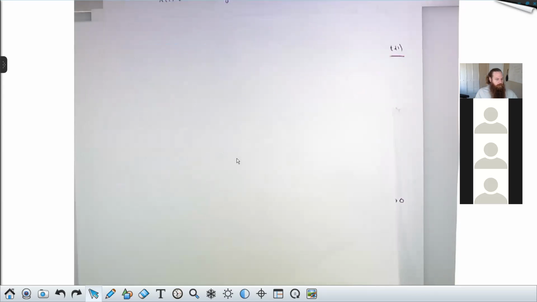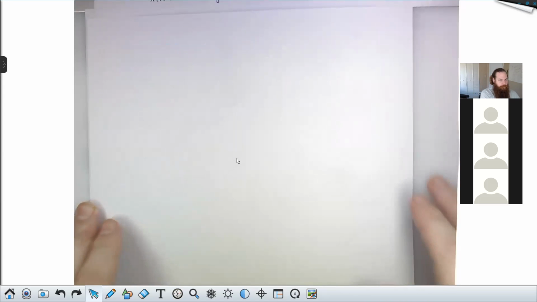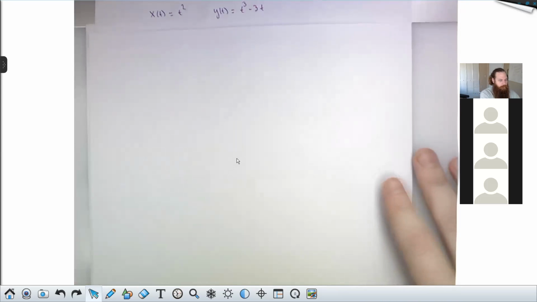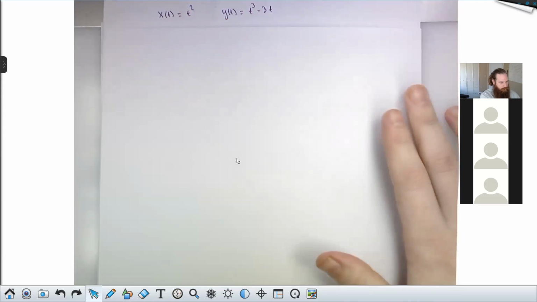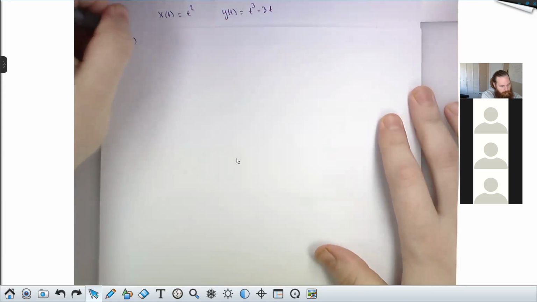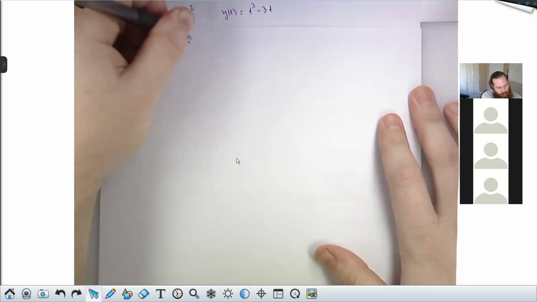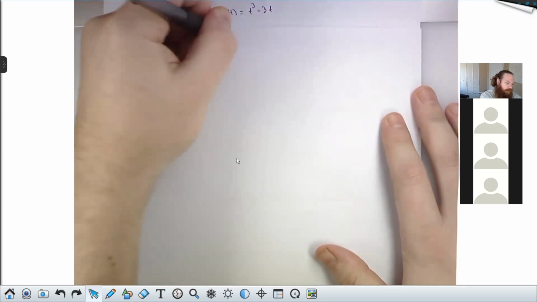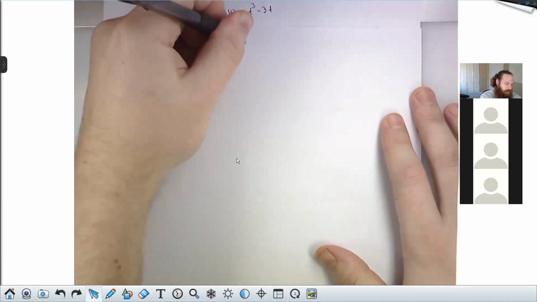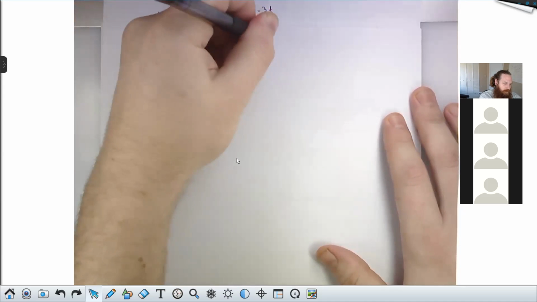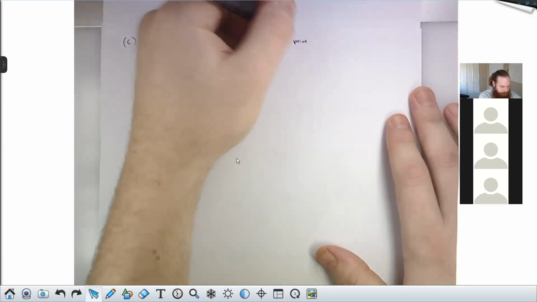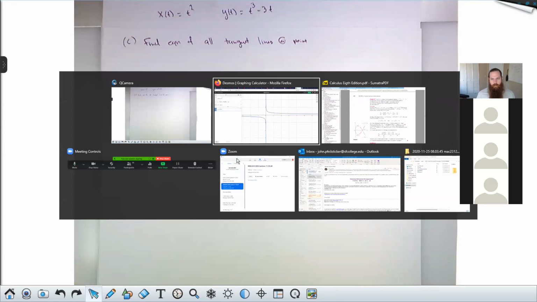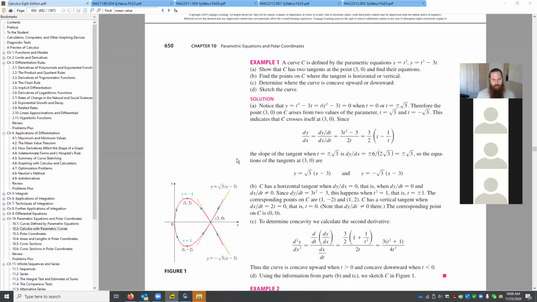So one more problem with this guy. Let's find the equation of all tangent lines at the point, is it (3, 0), I think? Yeah.